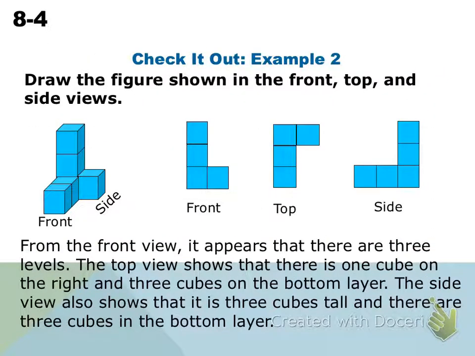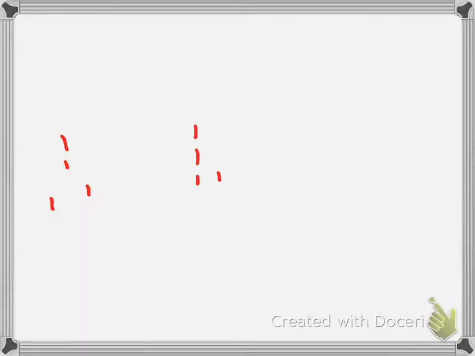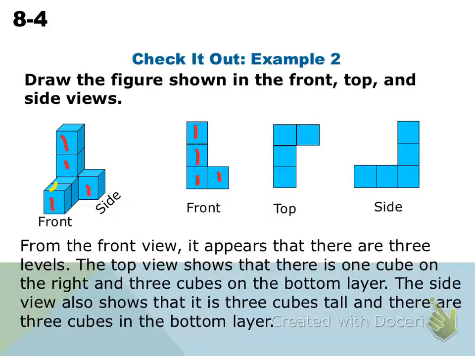So if you're looking here, again, the front view, you would only see this. That makes that kind of L look right there. But if you were looking from the top first, you would see the top of this cube, the top of that cube, the top of that one, and the top of that one.